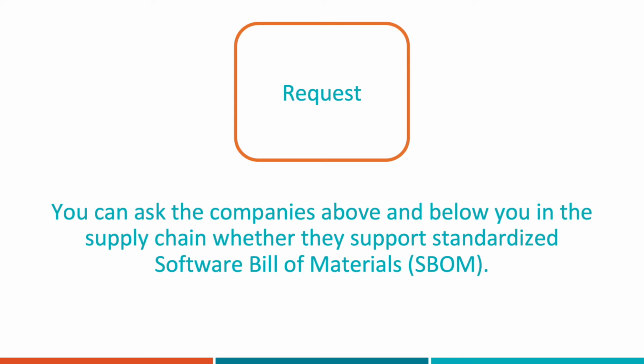You can ask companies above and below you whether they support a standardized bill of materials. And if they do, you can assess with them whether you can all support that standardized software bill of materials. If they don't, you can begin looking at a standardized bill of materials like SPDX, and you can discuss with them whether this would make all of your lives easier.